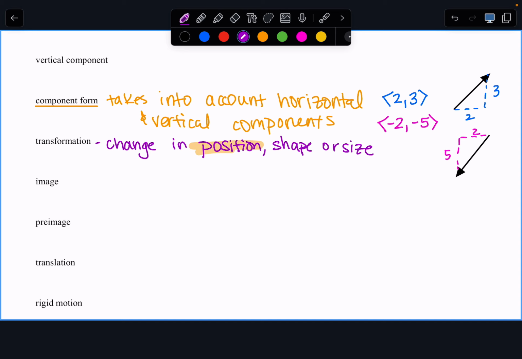Okay, so vocabulary words you need to know. I'm going to go in a weird order. I'm going to skip to pre-image. Pre-image. So that's like the original. Before image. That's our original figure. Then we're going to do some sort of transformation.